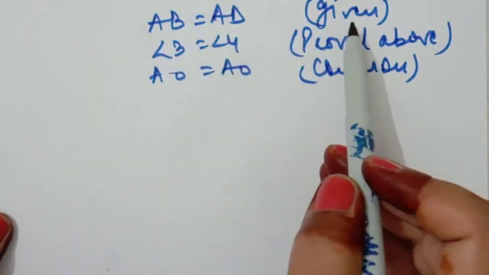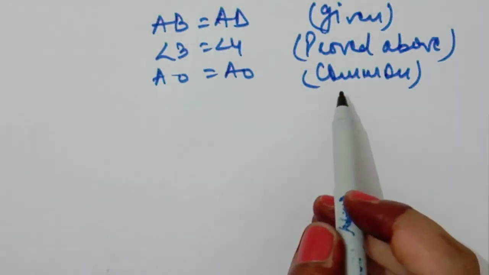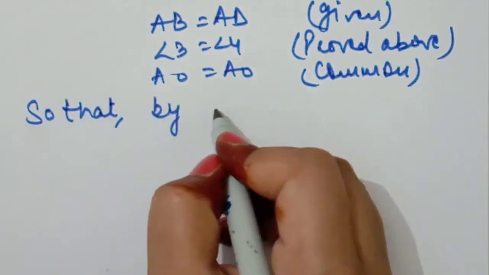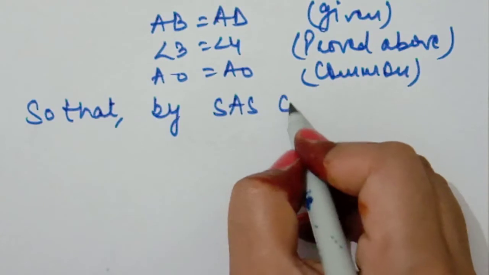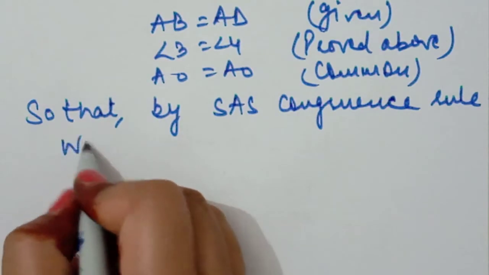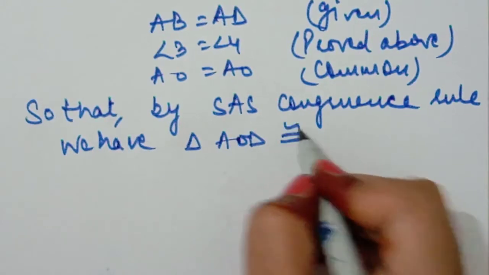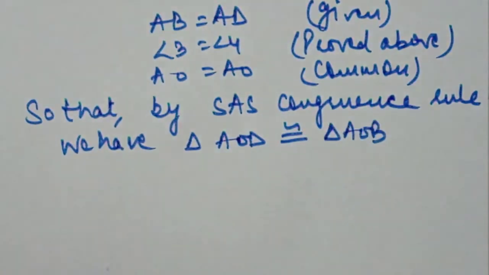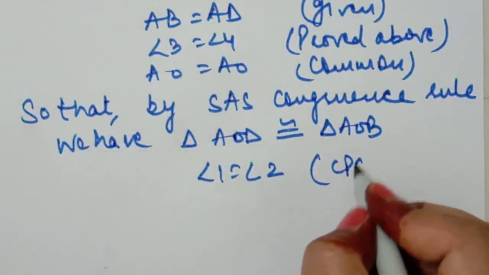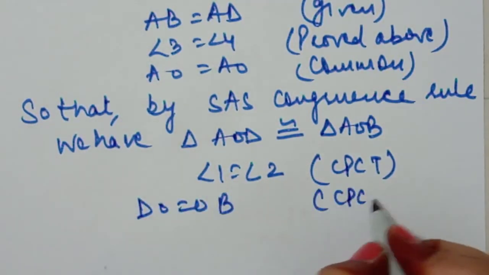So AB is equal to AD, given, angle 3 and angle 4 proved above, AO sides are equal, common, so that by SAS congruence rule we have triangle AOD and triangle AOB are congruent to each other. Can I take angle 1 and angle 2 are equal to each other by CPCT, and DO is equal to BO also by CPCT.